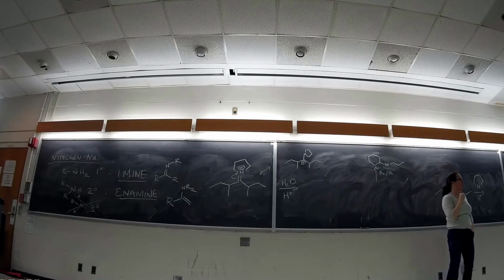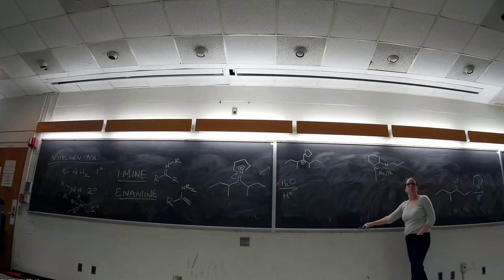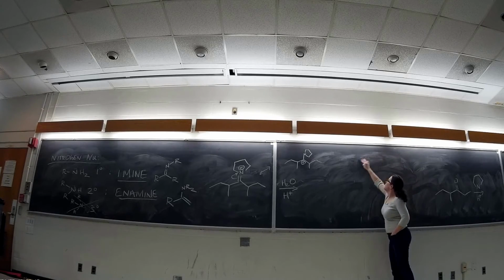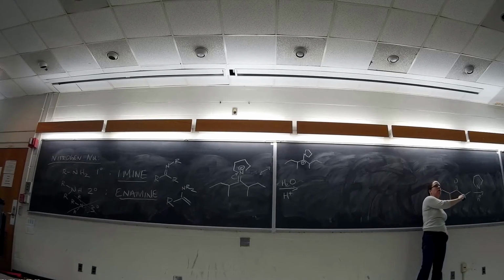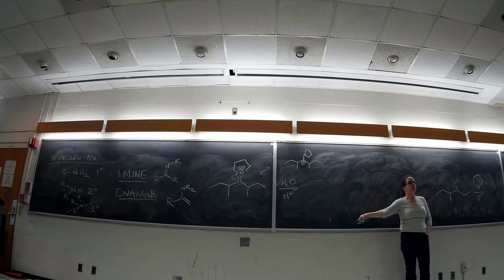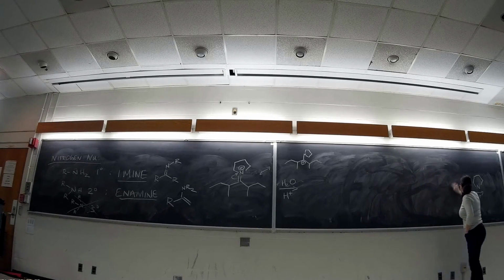So what do you think our first step might be here? Water attacks. Because what am I gunning for? Just like this reaction is all reversible. I took a ketone, I went to an enamine. If I'm in an enamine, what am I going to get in reverse? The ketone.